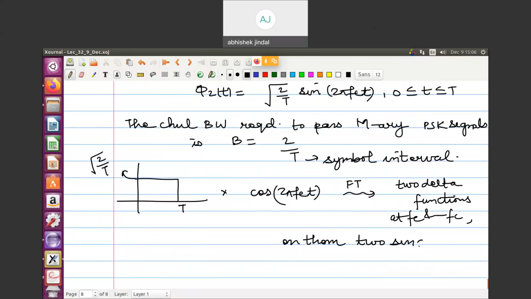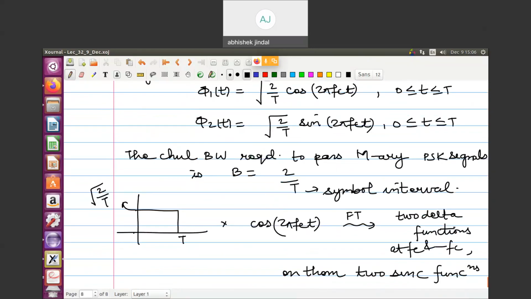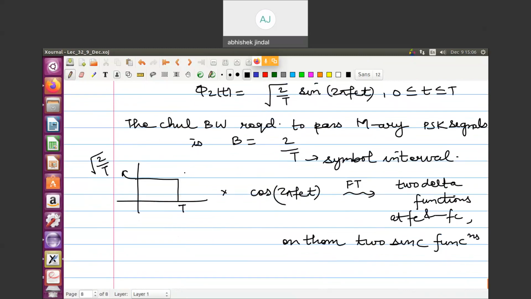Why? Because the rect function has a width of T, it will be having a first null at 1 by T. This is 0.